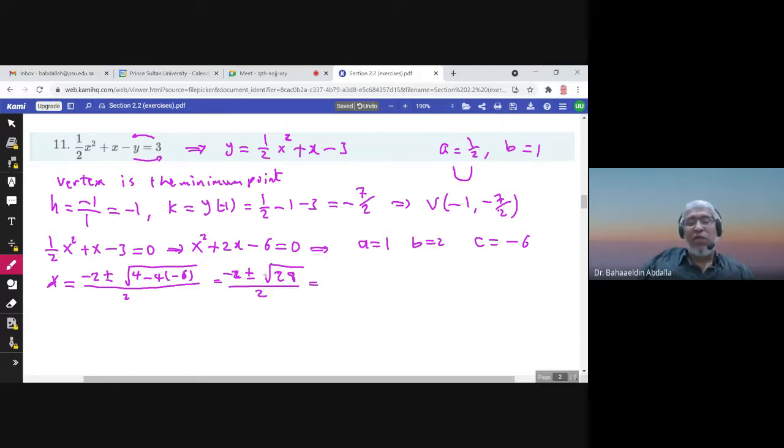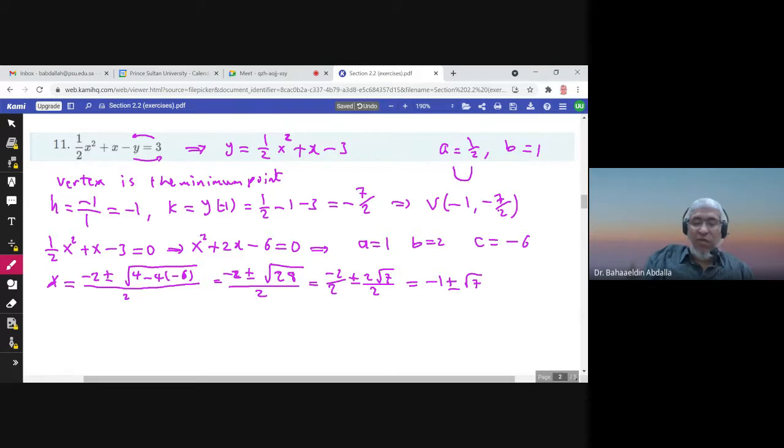And then it would be -2 over 2 plus or minus. 28 is 4 times 7. So I can take 4 out to be 2, and I'll have square root of 7 here over 2. So I will have -1 plus or minus square root of 7. I need to approximate them.